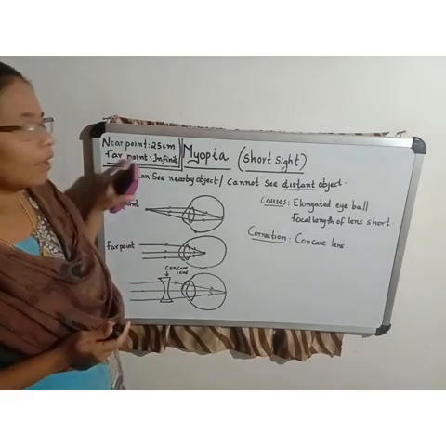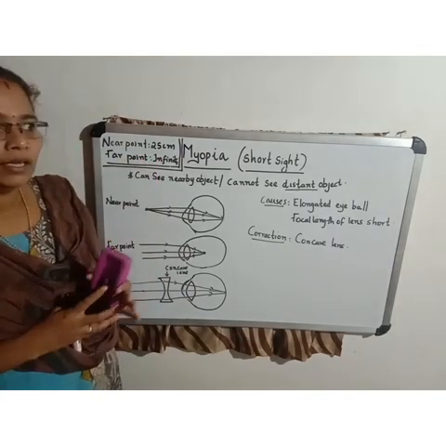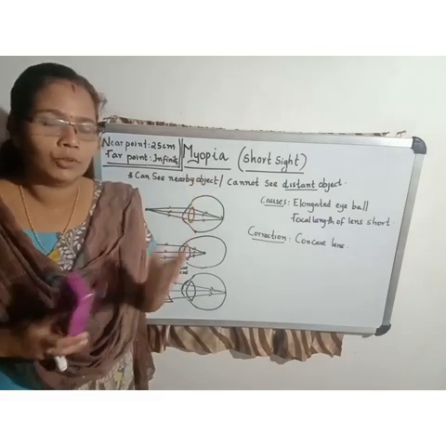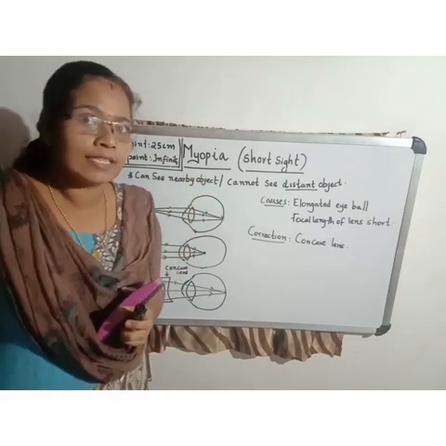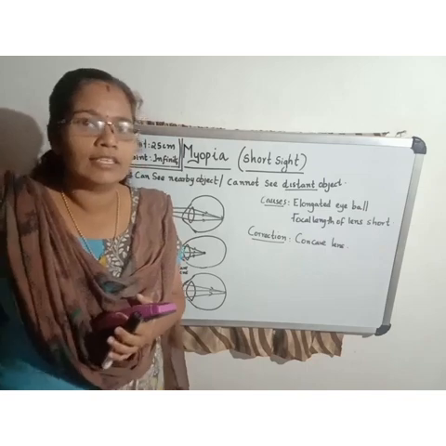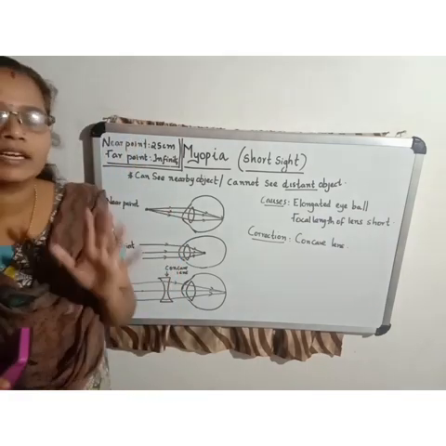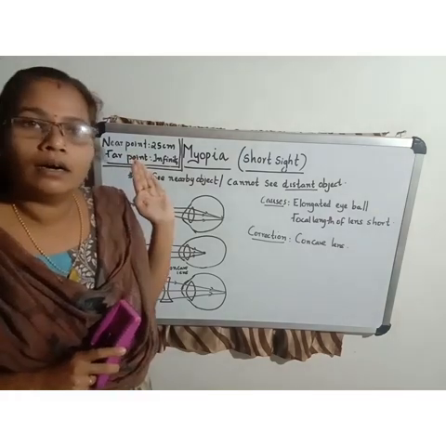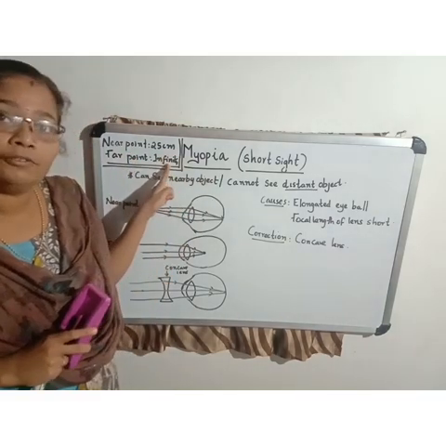That is the far point. The near point is the minimum distance, and the far point is the maximum distance, up to infinity, at which we get clear vision.